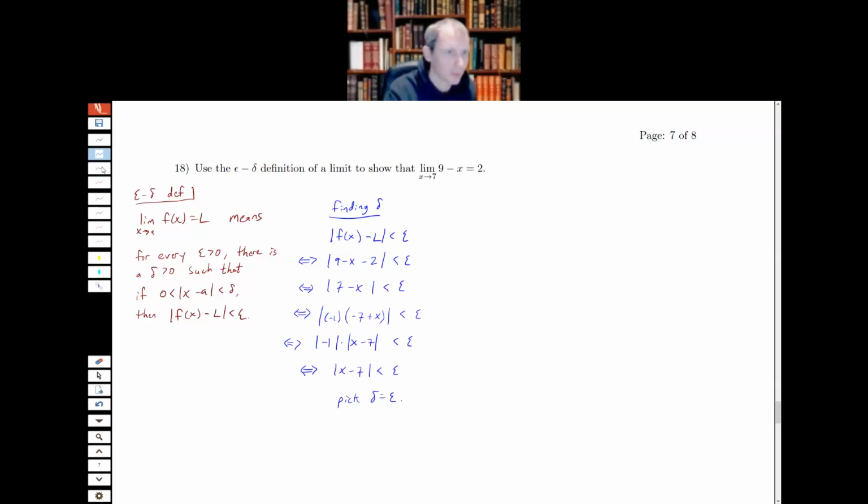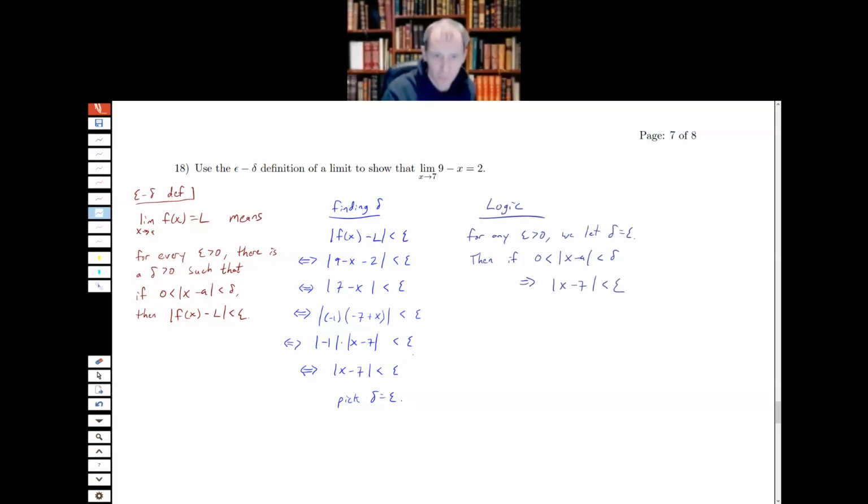Okay. So now let's write the actual proof with the logic going the right way. So for any number epsilon greater than 0, we let delta equal epsilon. Then if 0 is less than absolute value of x minus a is less than delta, that means that absolute value of x minus 7 is less than epsilon.